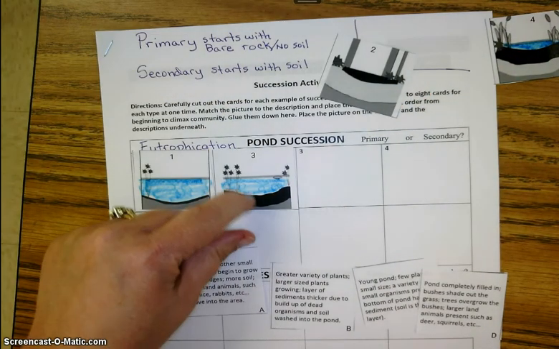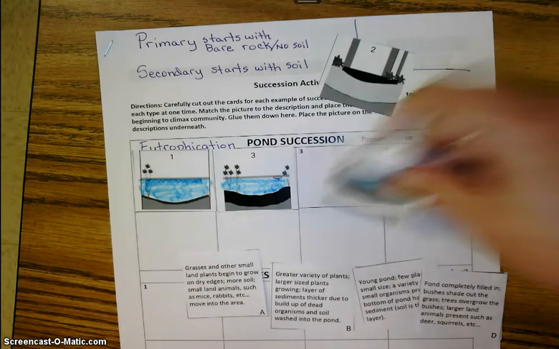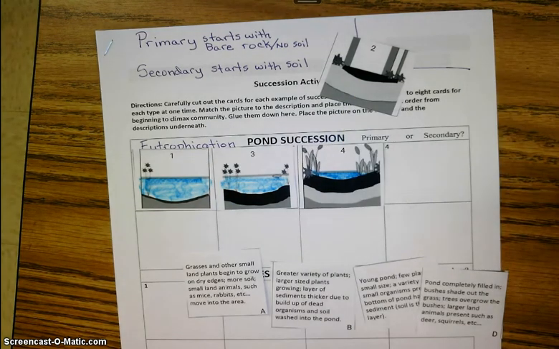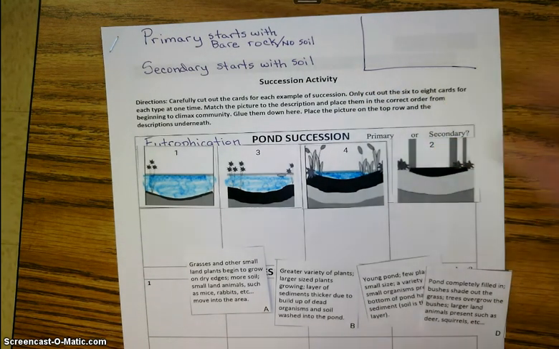See how much more black we have there, more rich soil. And then picture 4 would follow. And then finally, we don't have a pond anymore. We now have a different ecosystem. It is now turned into a grassland or a forest or whatever we see there.